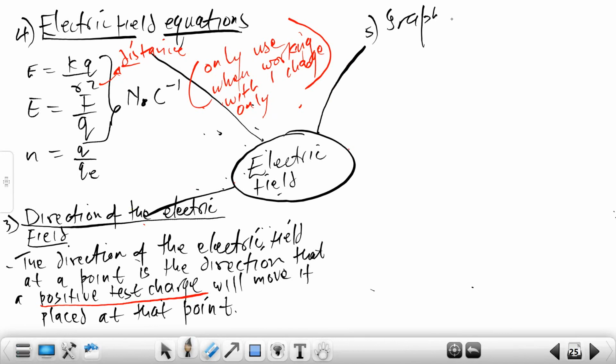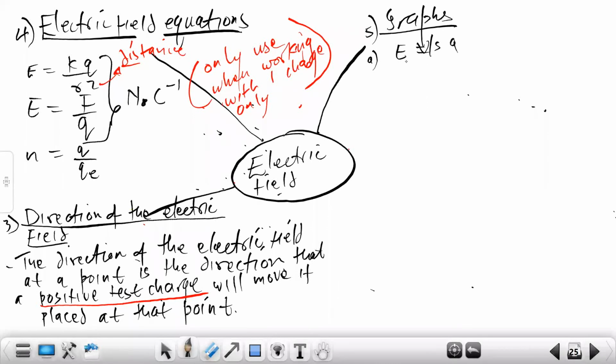And number 5 is basically just the graphs. So if it's the graphs from the two equations that we have, especially now looking at the first one, I am going now to draw E versus Q, looking at the first equation.